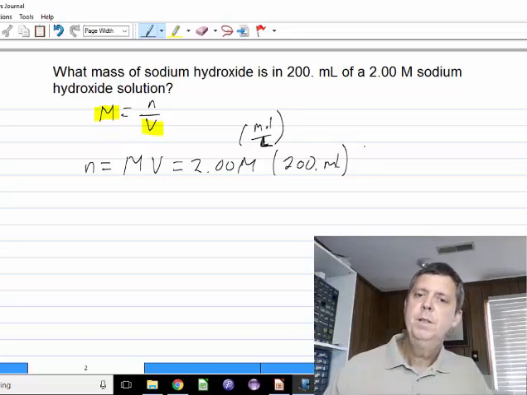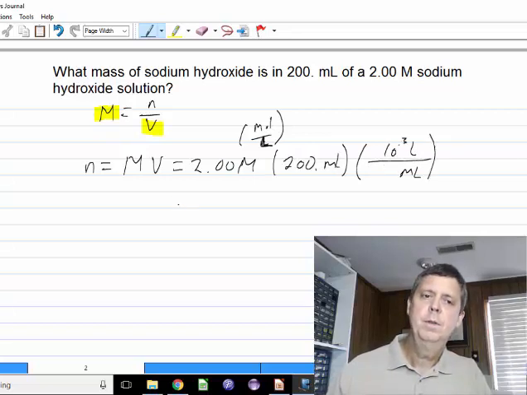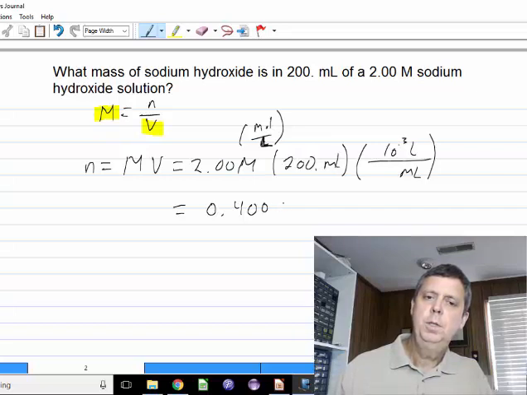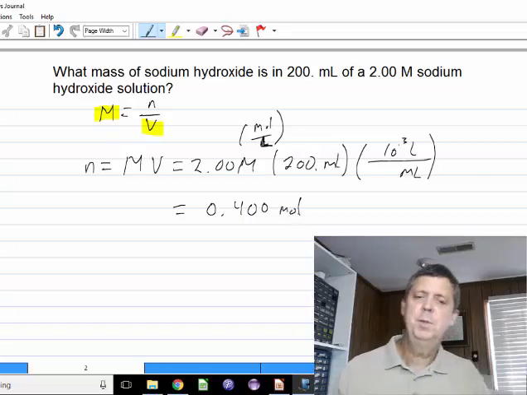So of course, milliliters to liters, 10 to the minus 3, and we get 0.40 moles.